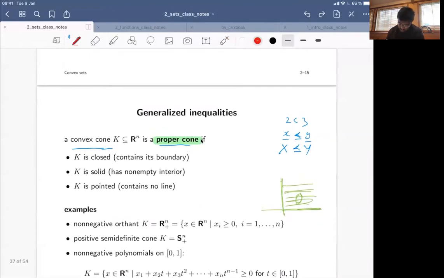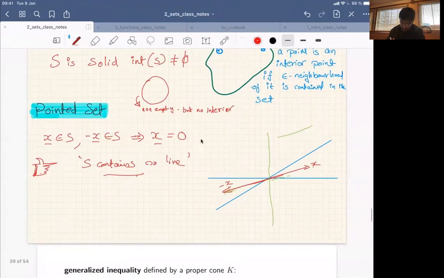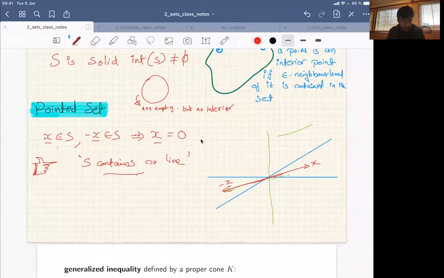For example, K is pointed. What does that mean? K is pointed means if x is there, minus x cannot be there, except when x equals 0, right? Why is this relevant here?